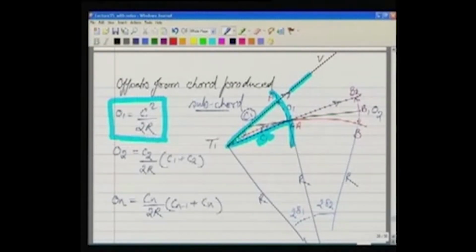And how much is O1? O1 is computed by C1 square by 2R. This can be proved very easily from this figure. Once we have done it, our first point on the curve is known.